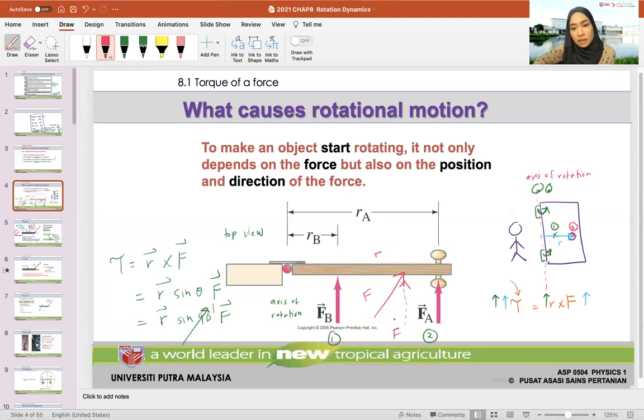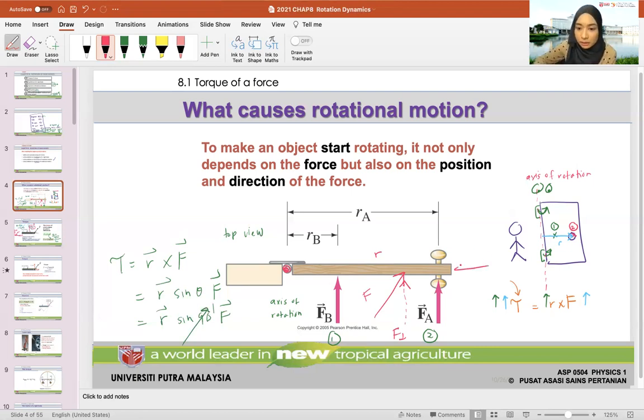So it becomes F perpendicular, okay? And then you won't get the maximum. So if you apply 10 Newton, you will get only a component of the 10 Newton. Let's say you get 8 Newton for your torque. So berkurang lah. So the best is to always apply a perpendicular force that is 90 degrees.